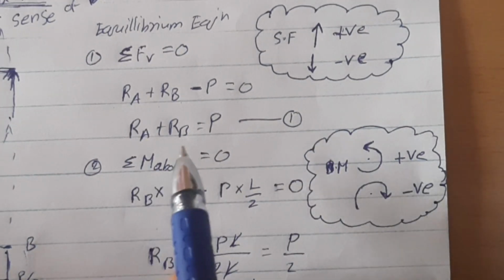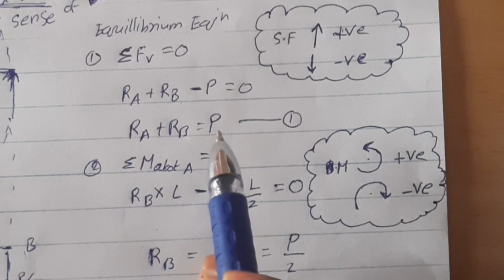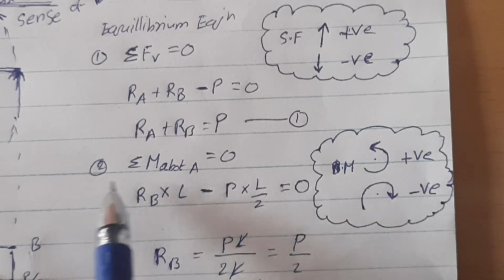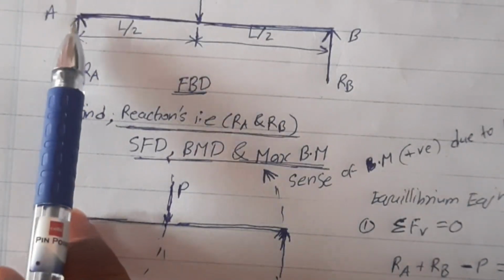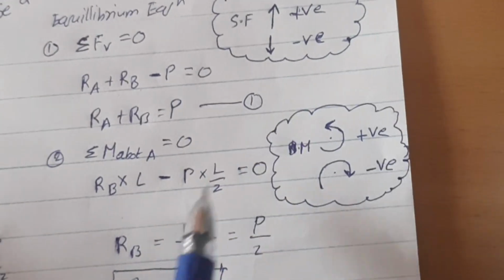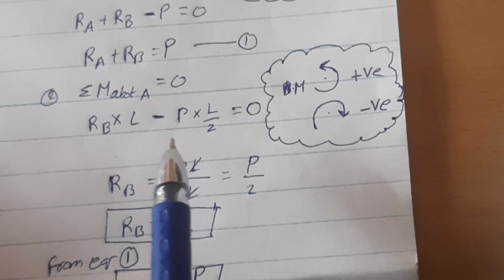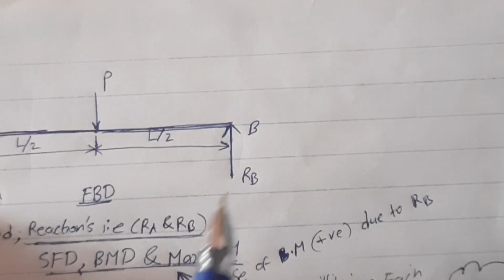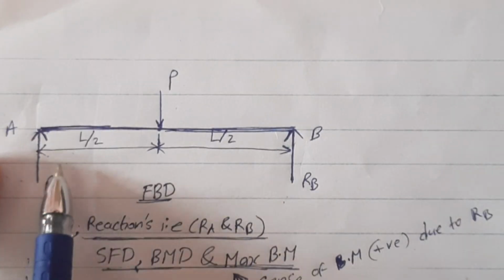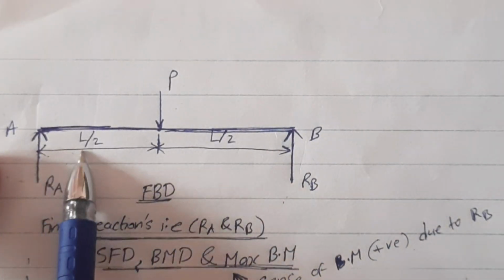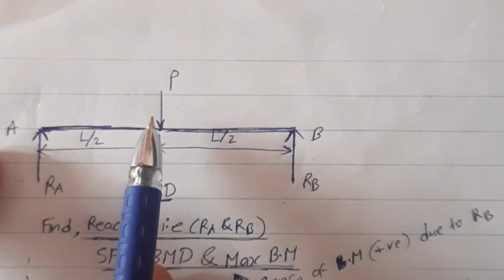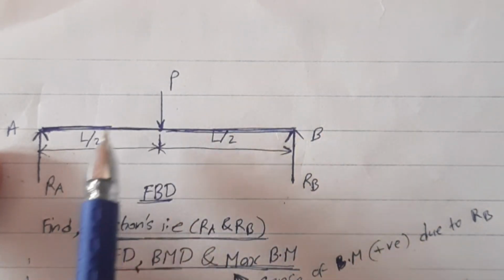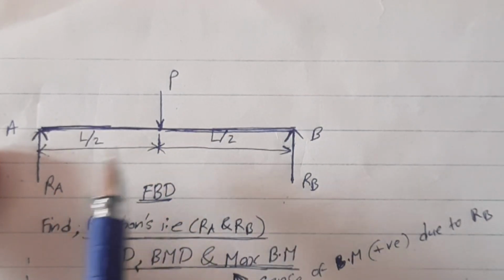And now we are going to use the second equilibrium equation, that is, the sum of moments in the beam at a point or at a support should be equal to 0. I take the moment about A. If you see in the diagram, Rb into the total span, that is length L, should be equal to P into half of the span, that is L by 2.